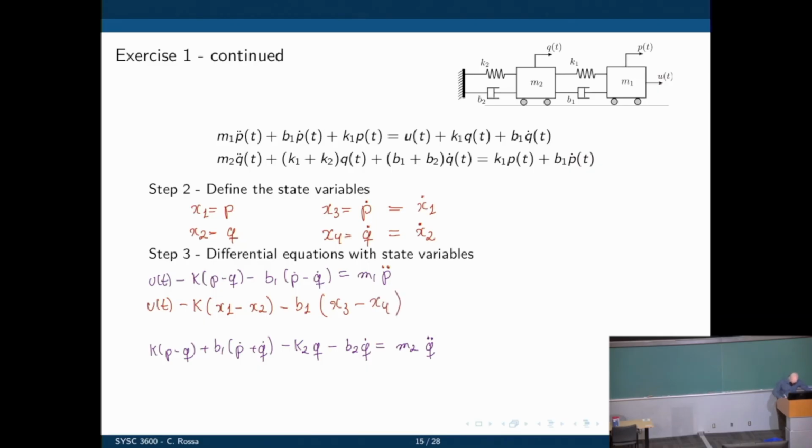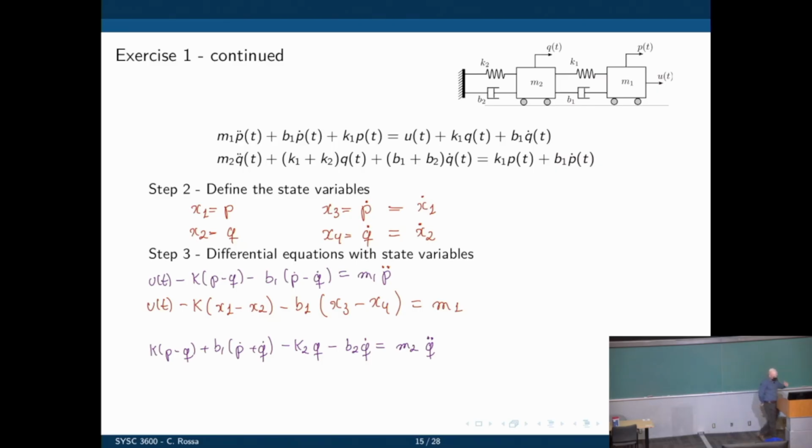And this is equal to m1 times what? M1 times p double dot. And what is p double dot? x3 dot. Exactly, x3 dot. We could have written x1 double dot, but remember that defeats the purpose because we are now using a second order equation.